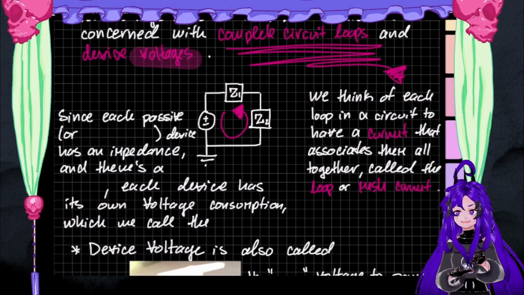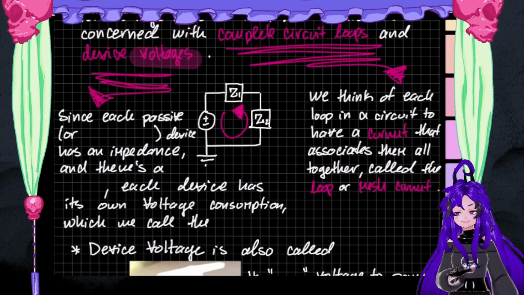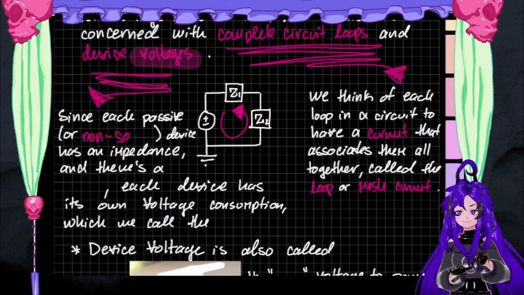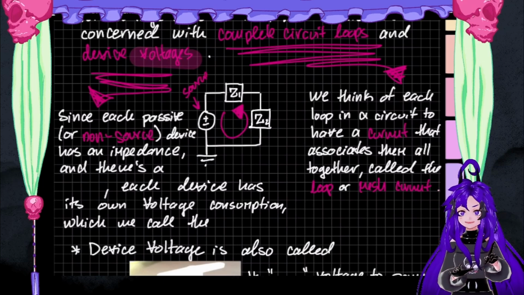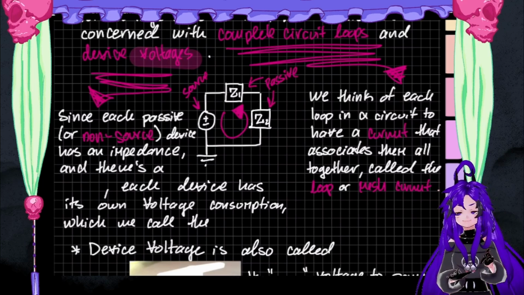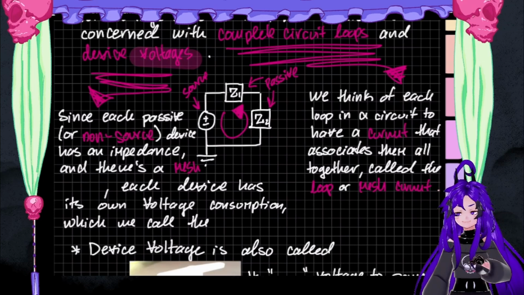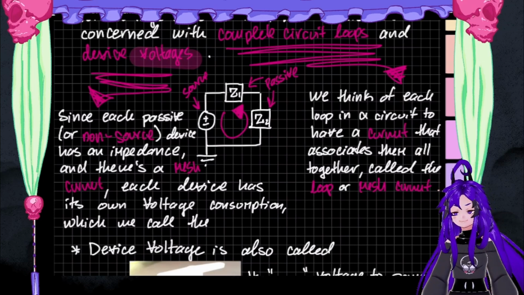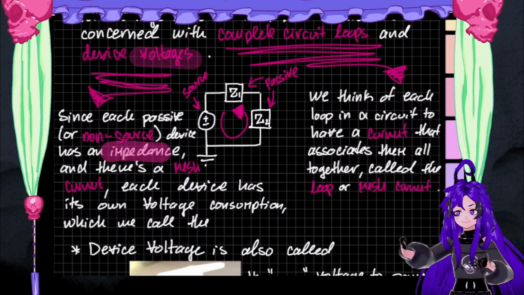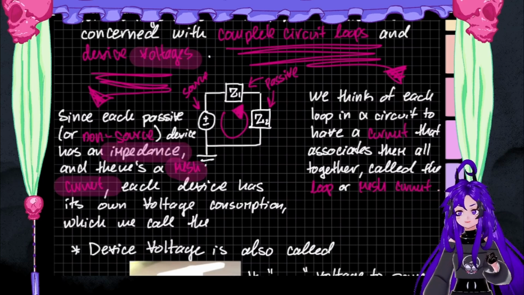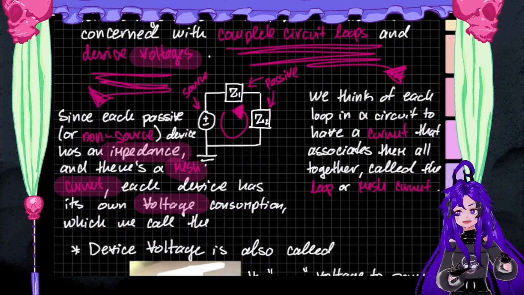As for the device voltages, since each passive or non-source device, so this is a source, these are passive, each non-source device has an impedance, and there is a mesh current, right? There's a mesh current, and there's an impedance. So each device has a voltage, because Ohm's law, right?